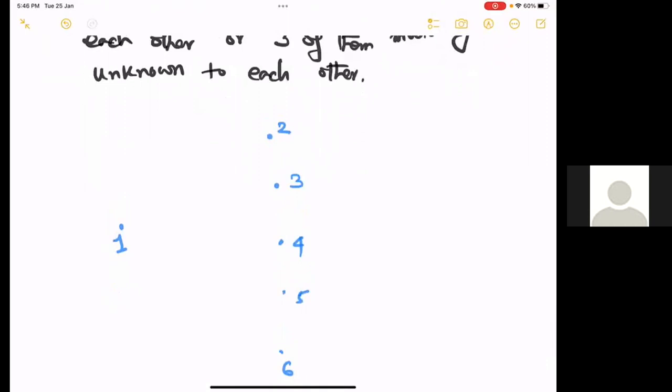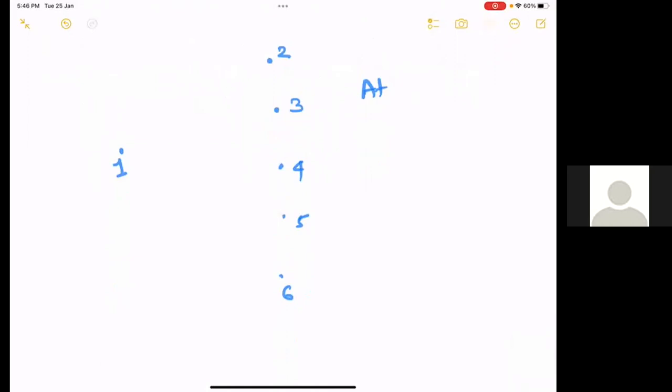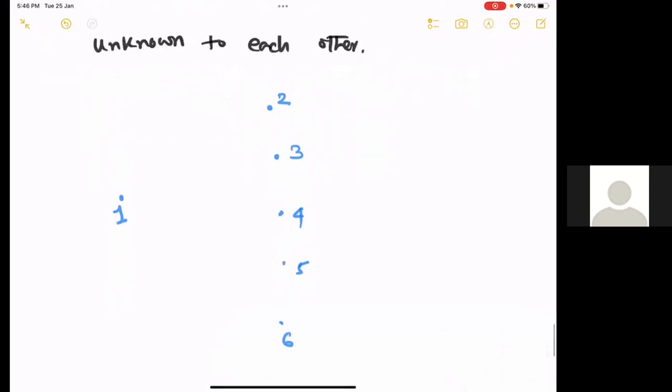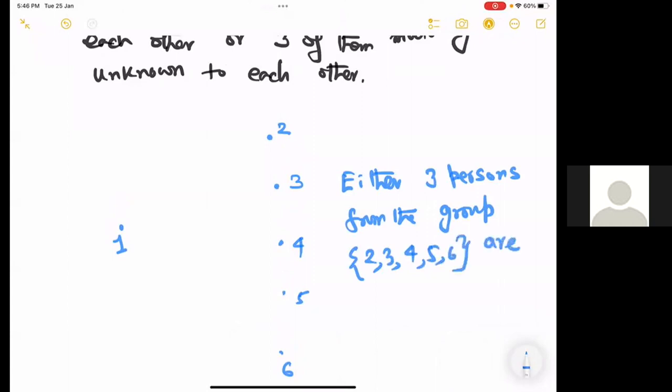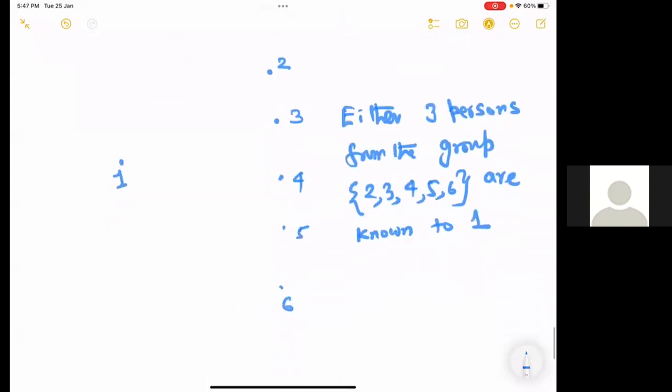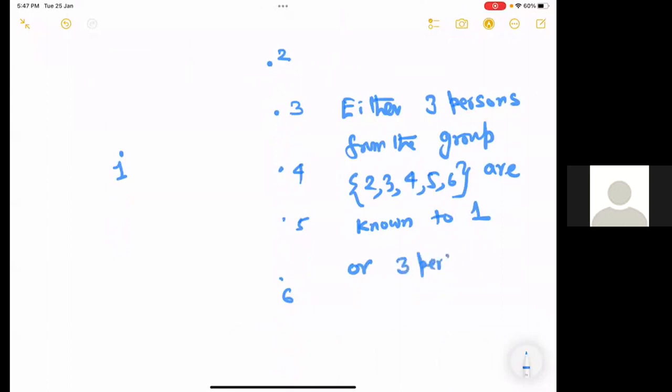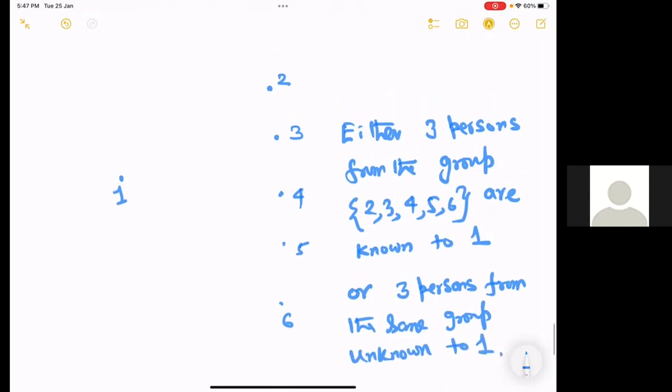Since there are 5 of them, it is definitely true that either 3 persons from the group 2, 3, 4, 5, 6 are known to 1, or 3 persons from the same group are unknown to 1. Okay, it has to be right.